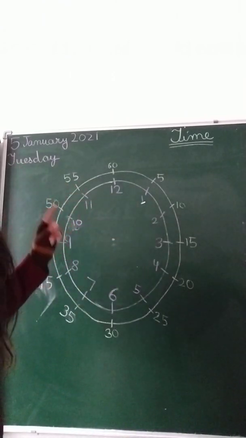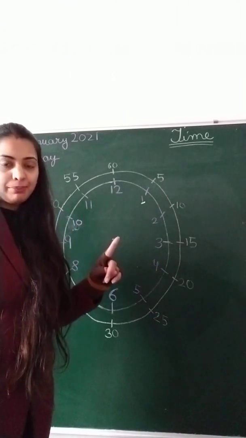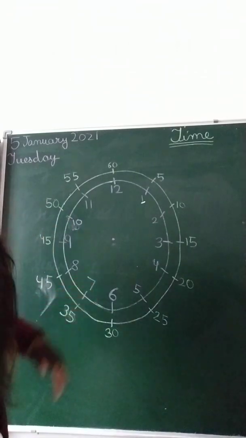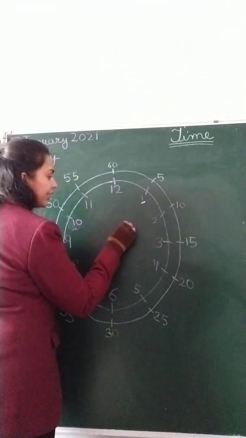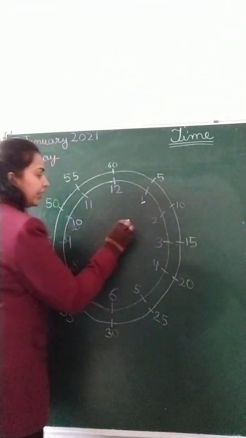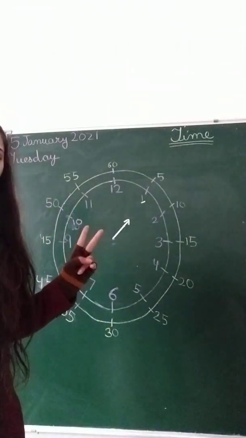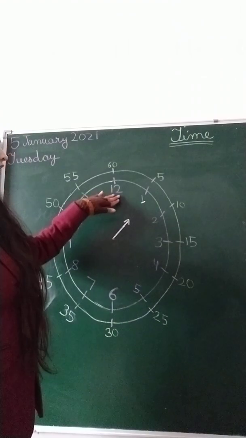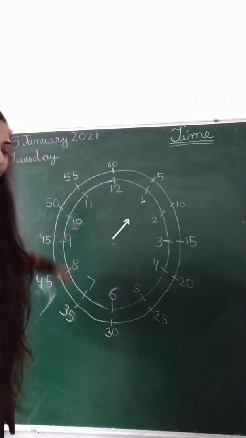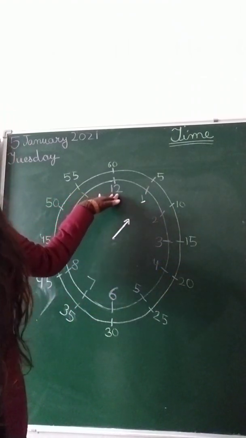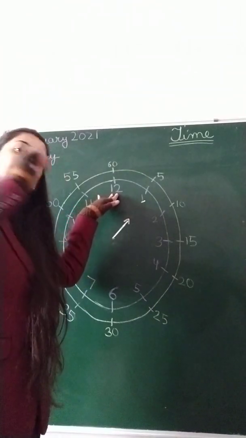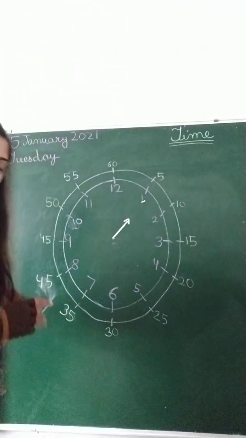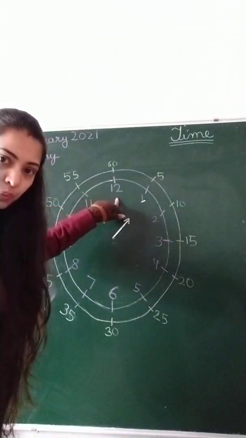In one clock, we take 2 rounds for completing one day. How is it? Our hour hand, that is the small one, takes 2 rounds to complete one full day. That means it takes the first round and reaches back to 12, and then again it starts from 1 and takes a full round and reaches back to 12.